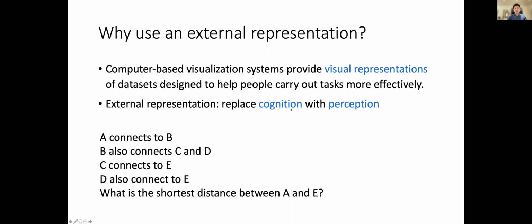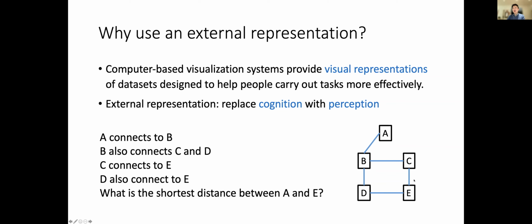This is presenting the information, and you have to solve it using your cognition. Your mind has to think: A connects to B, B connects to C and D, and C can go to E, D can also go to E. Optionally, a data visualization way would be to plot something like this, and you can easily see the shortest path between A and E is 3.